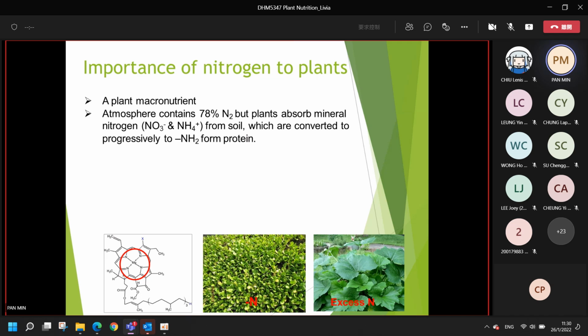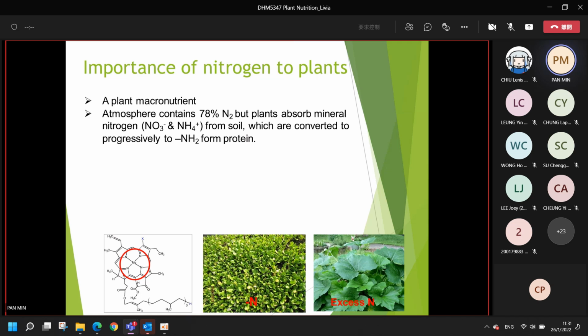I will have a further discussion and explanation for them. And here you can see that nitrogen is important to plant growth, because it's the first macronutrient shown in the 17 essential nutrients for plants.